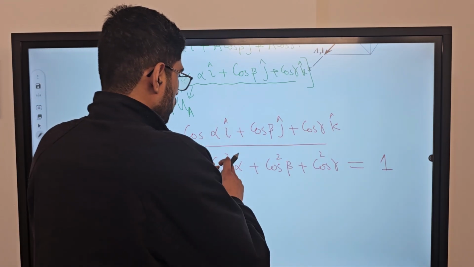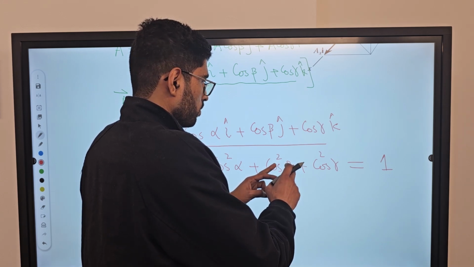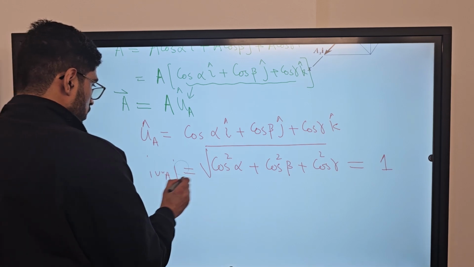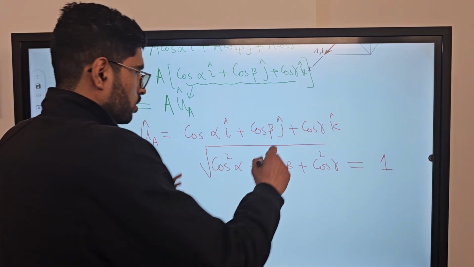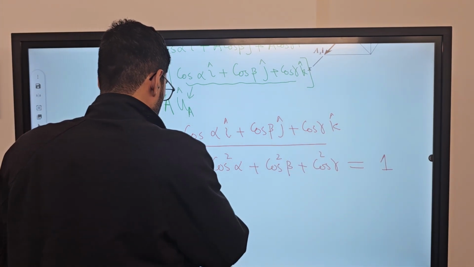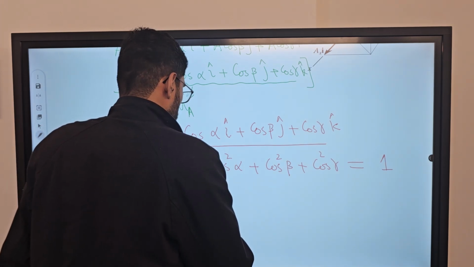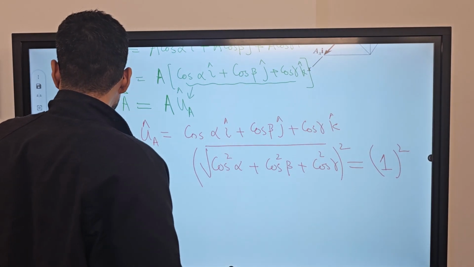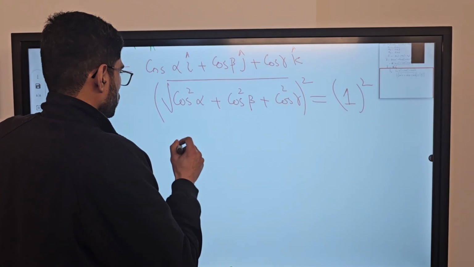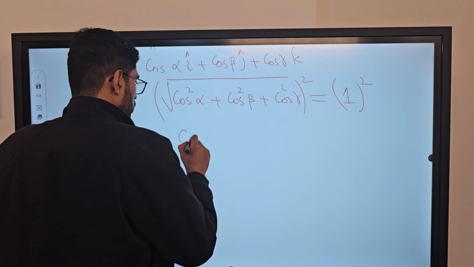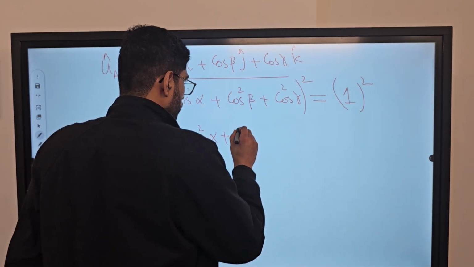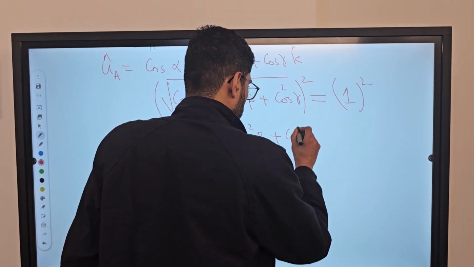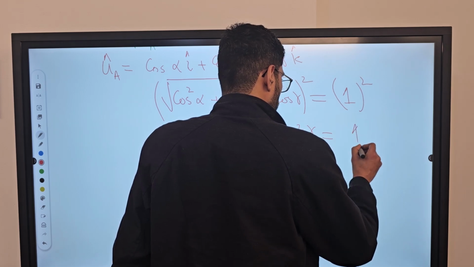So we can say that the square root of cos square alpha plus cos square beta plus cos square gamma is equal to 1. If I take the square on both sides of the equation, we get cos square alpha plus cos square beta plus cos square gamma equal to 1.